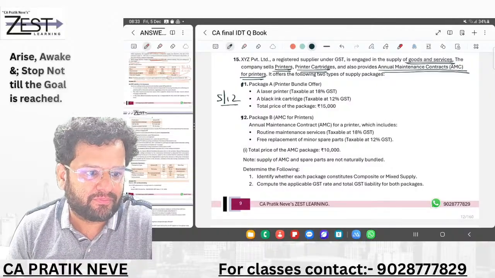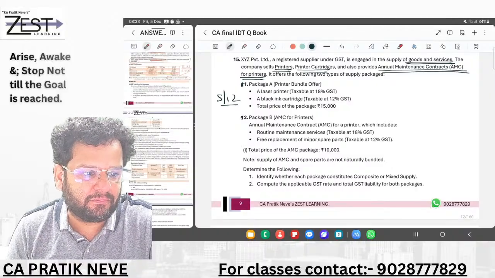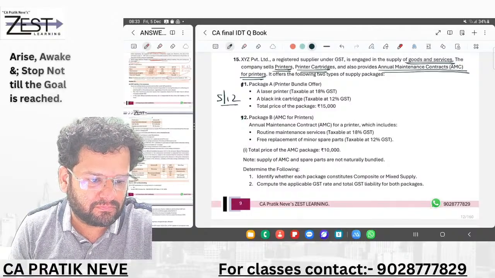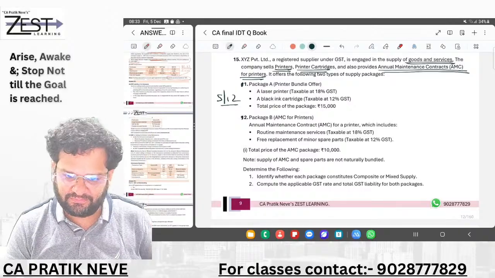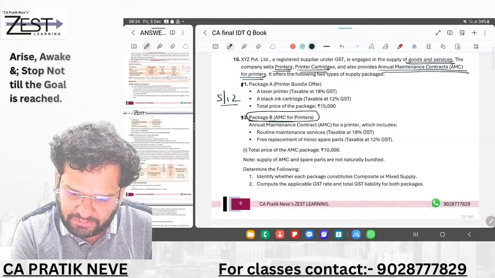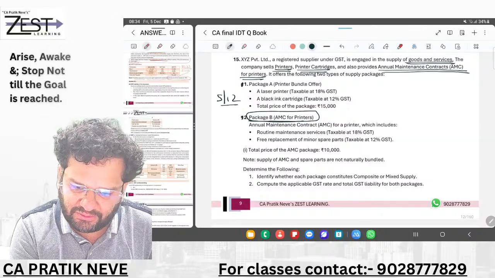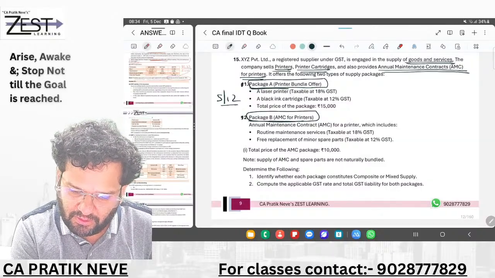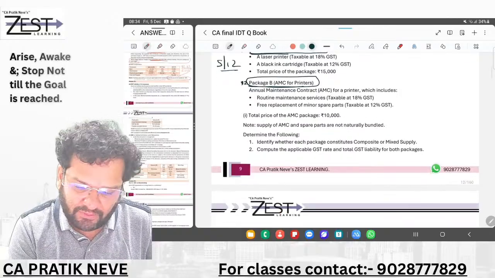Package A is the printer bundle offer and package B is AMC for printers. Getting it? Now, what is the question?